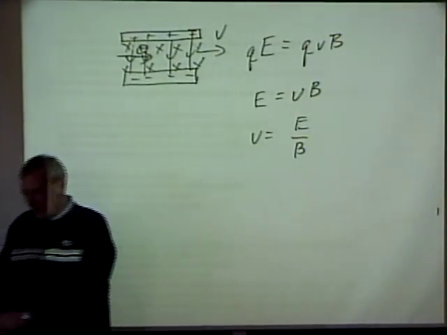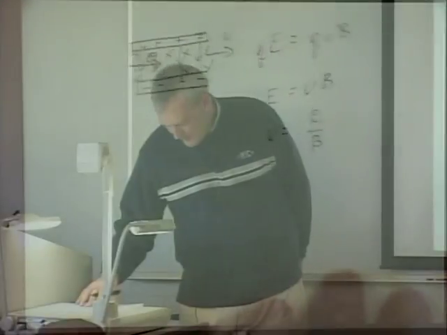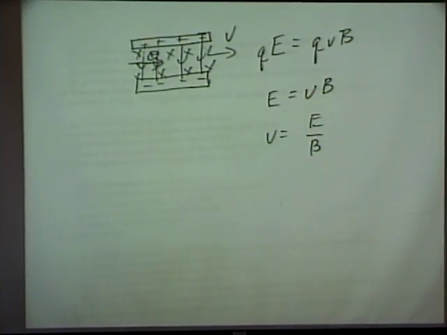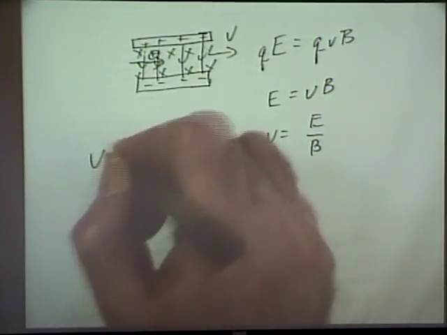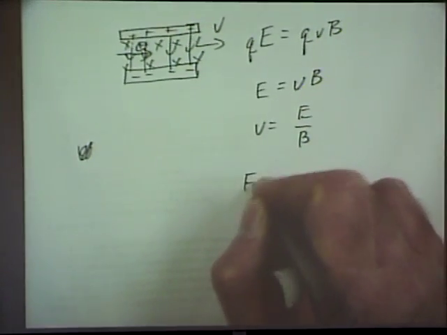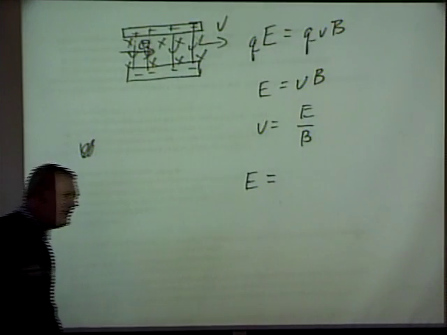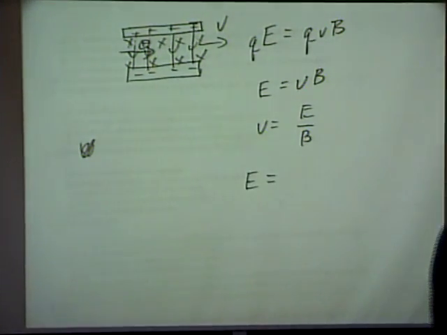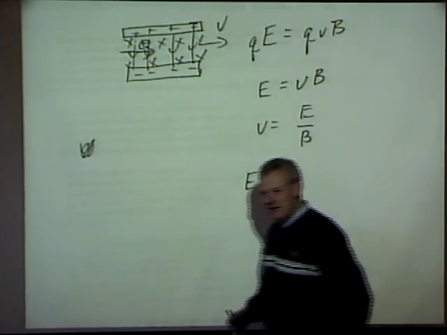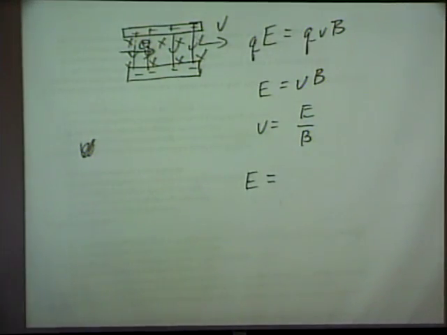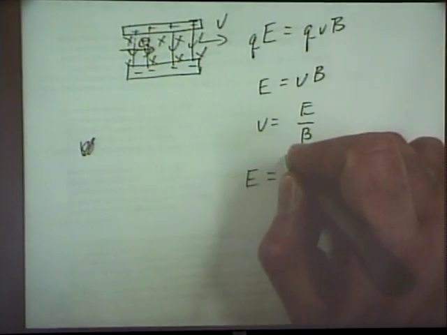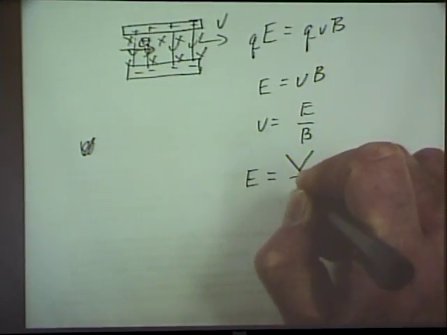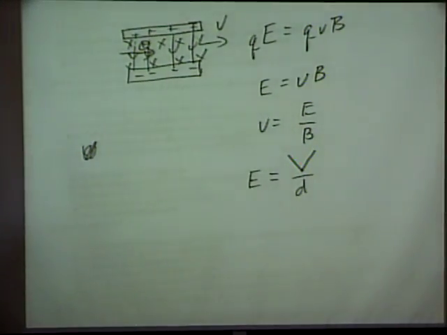Now this is velocity. So now we also know this, that E is equal to, now what did we say about the relationship between the charge or the voltage, the potential, and the electric field in a parallel plate capacitor? What did we say that was? Voltage over distance.